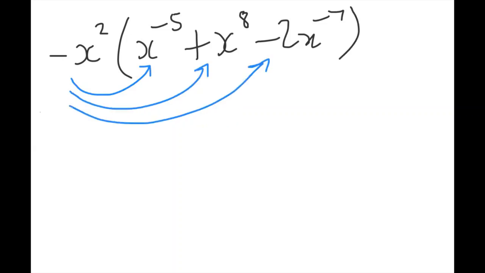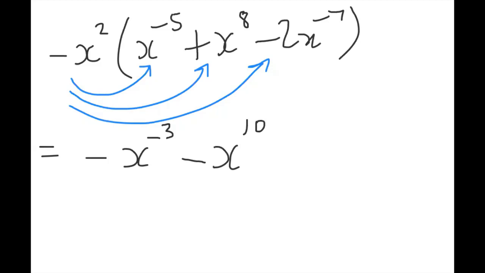So what answers are we going to get? For the first one, I'm going to get minus x, 2 minus 5 is minus 3. Then the second part, this is the minus x^2 times x^8. We're going to get minus and a plus is a minus. That's going to be x to the 10.